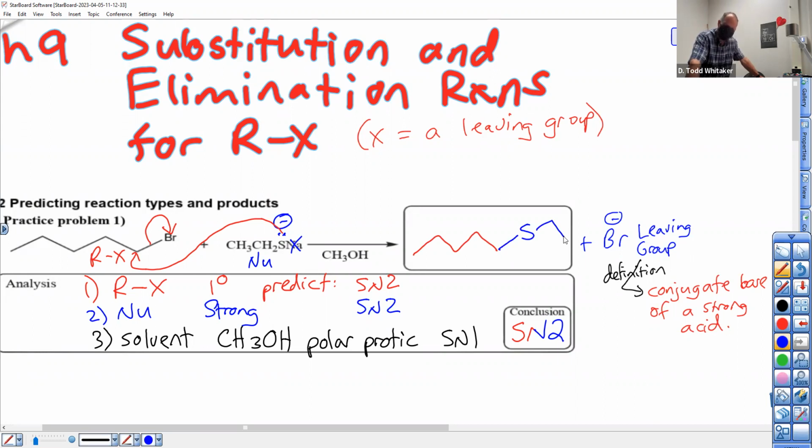What functional group does that look like? Like on the periodic table, if that was an O instead of an S, what would you say I have here? An ether. So this is called a thioether.